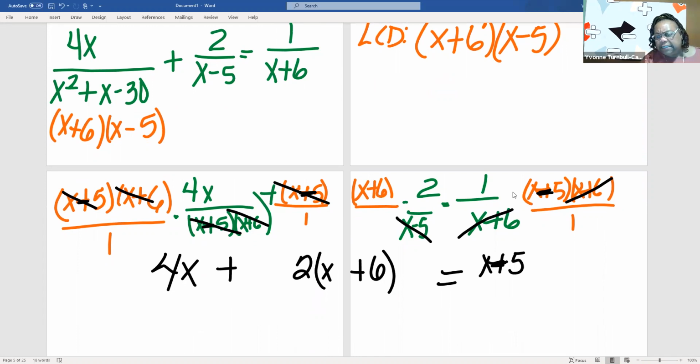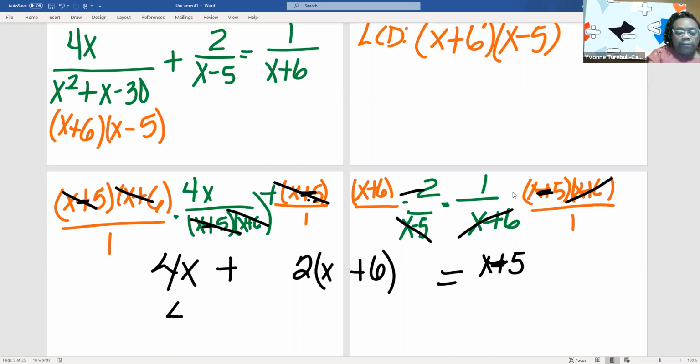The x plus 6's canceled out over here, leaving x minus 5. The x minus 5's canceled, leaving x plus 6. And I had a times 2 right there, that's where that 2 comes from. The LCD is in the first expression, so it took away the whole denominator. There was nothing left. So now I have 4x plus 2 times x plus 6 equals x minus 5.